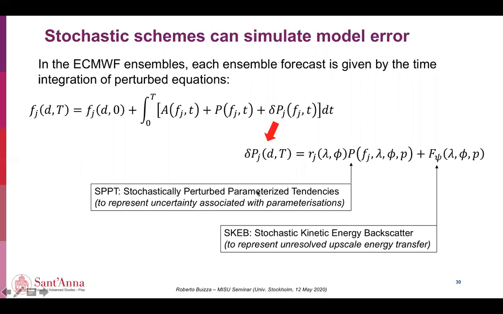What is called a stochastically perturbed parameterized tendency system, which perturbs the full tendency using random perturbations with a certain spatial and temporal characteristics. Furthermore, we have also added what is called a stochastic kinetic energy backscatter scheme to try to simulate the effect of the unresolved scales on the resolved scales.